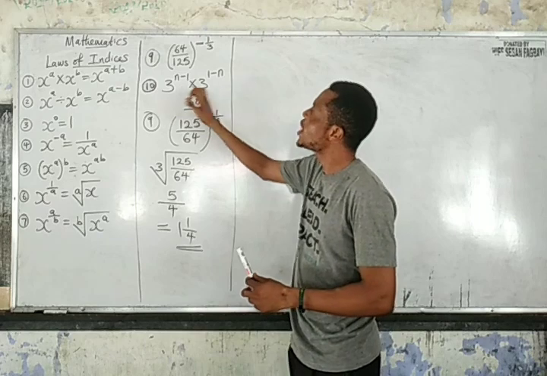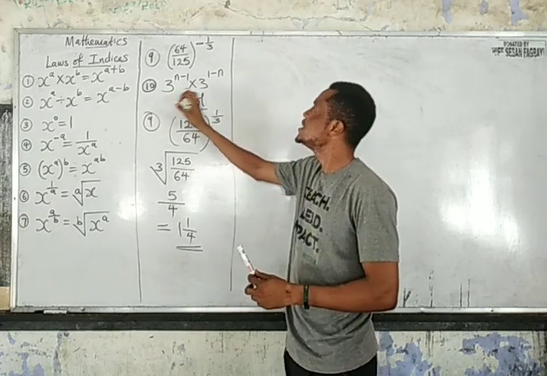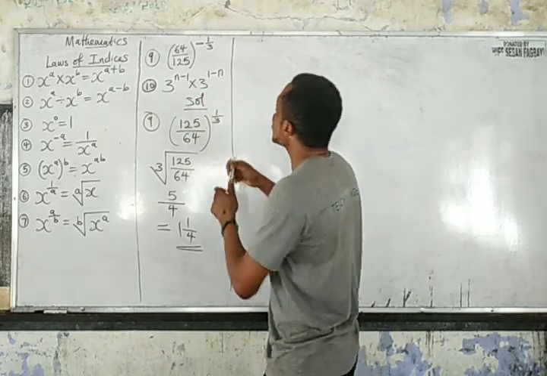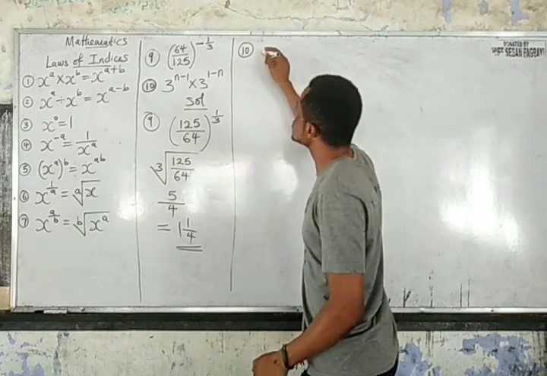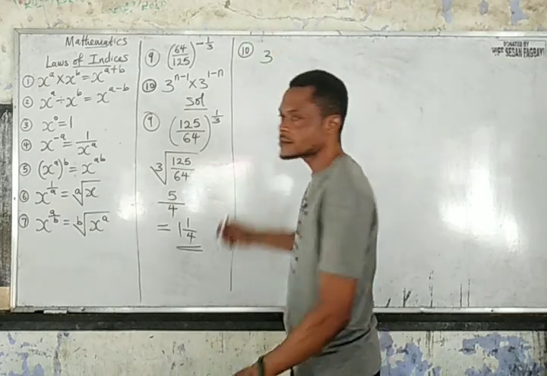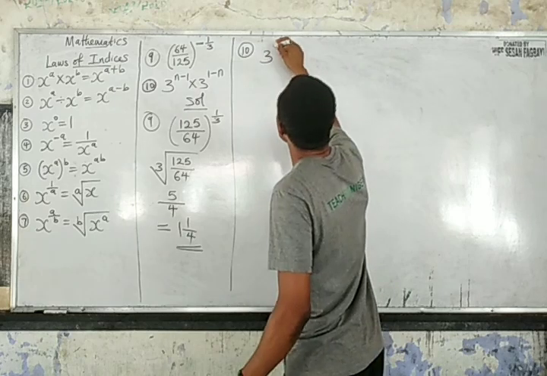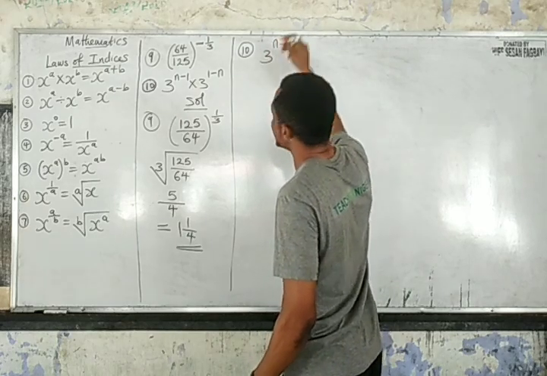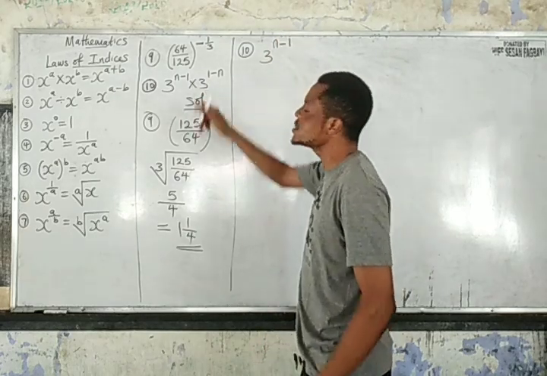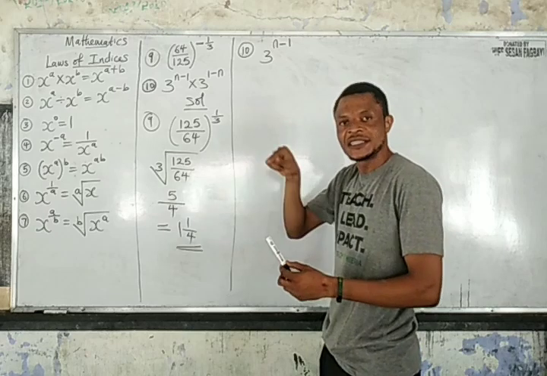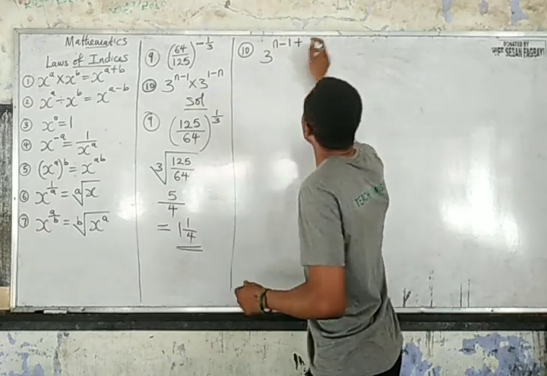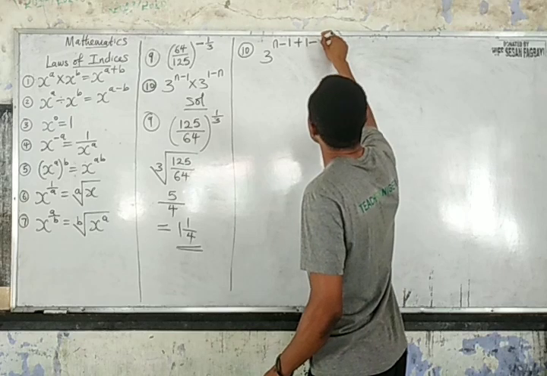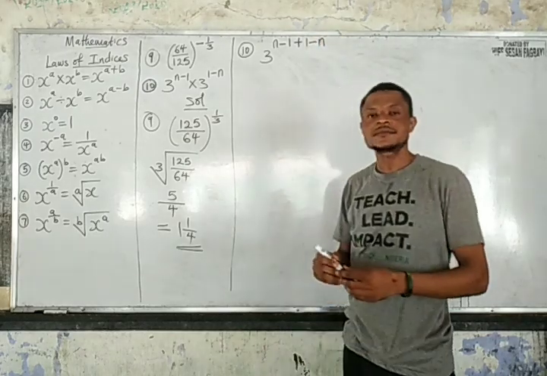We have similar bases here, 3 and 3. So all we need to do, question number 10, is to say 3 raised to the power of n minus 1. The multiplication sign will become addition. So becoming an addition, we have 1 minus n.